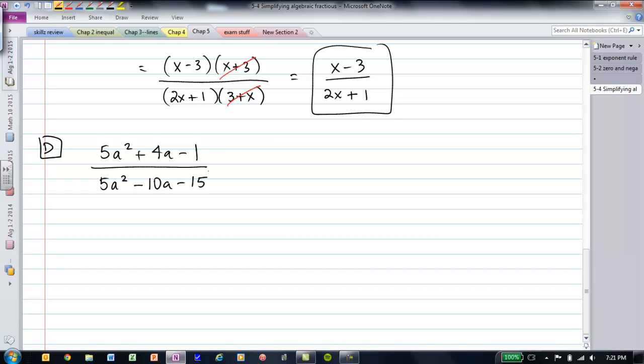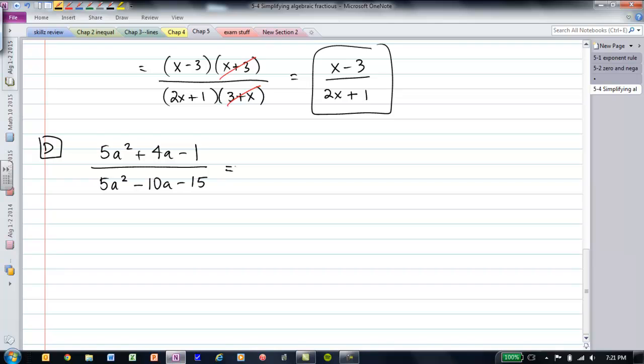Now when you first look at that, because you're just learning it, you might think you could cancel out the 5a squareds. But remember, you can't. Those are terms. They are added or subtracted to the other terms in the numerator and the denominator, so you can't cancel those things out. But if you factor, you might find factors that are the same.